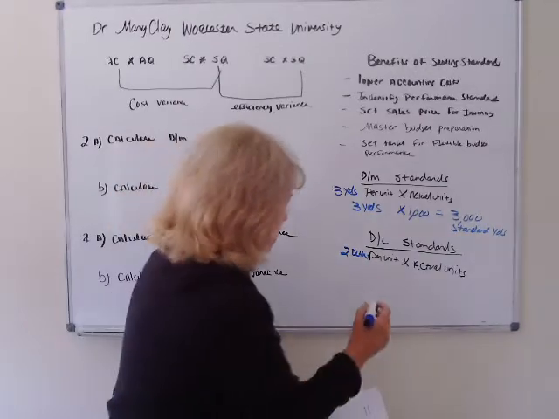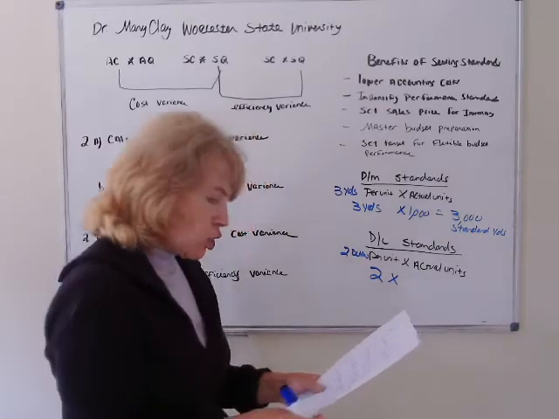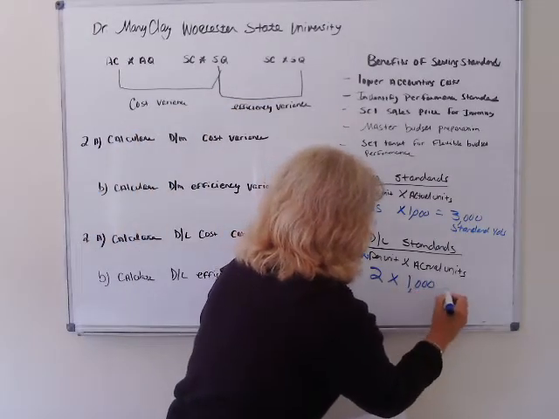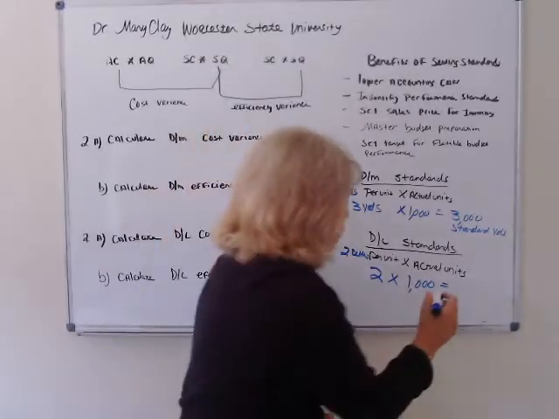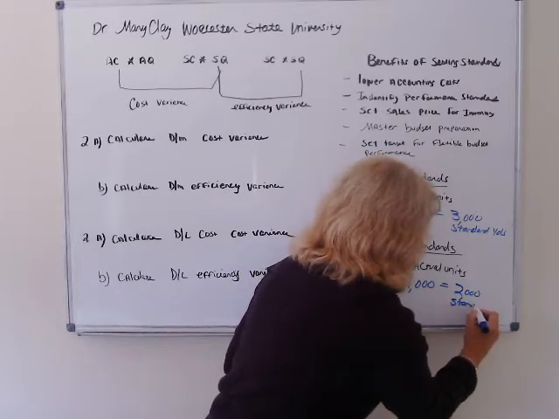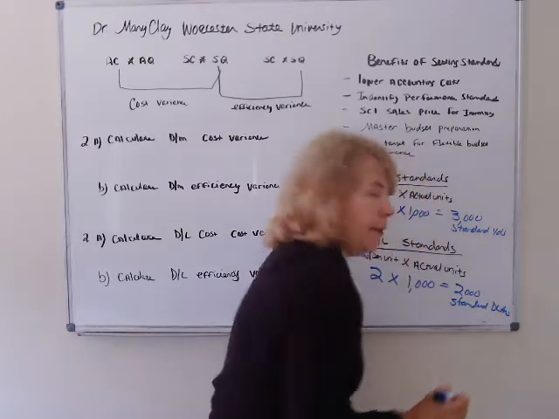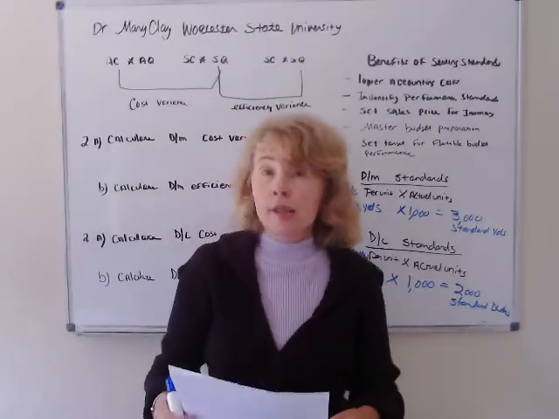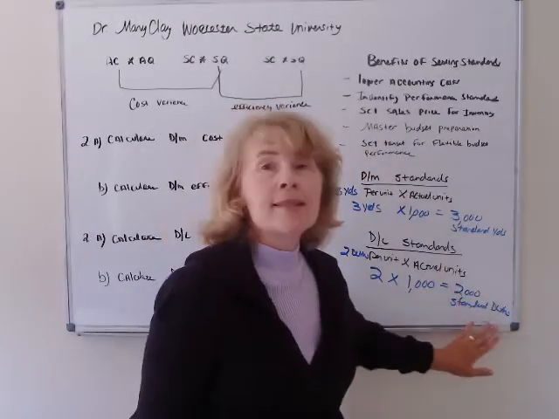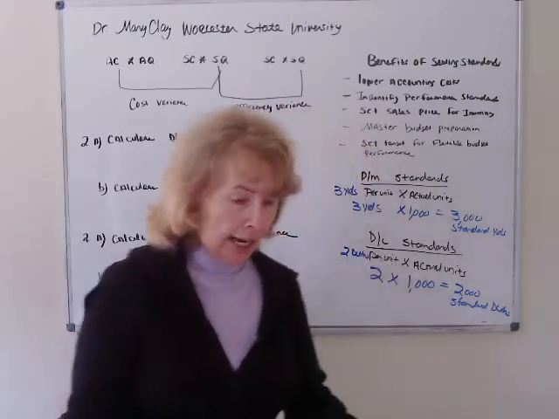I put the number 2 and multiply it again by the actual units produced, 1,000, and that gives me 2,000 standard direct labor hours. I'm going to use those later on. Get in the habit when you do these problems of breaking this down first. Now I go back to the problem and I'm going to work.